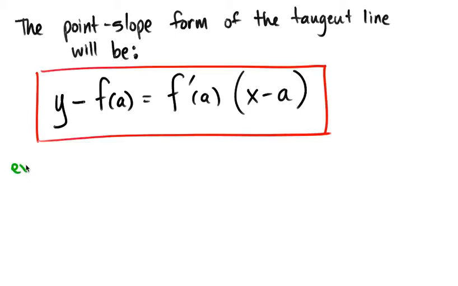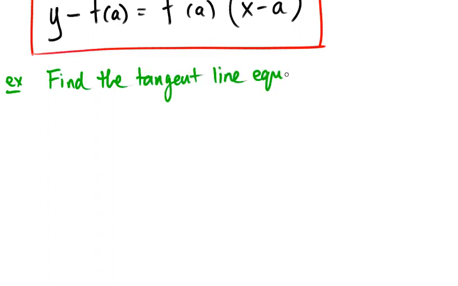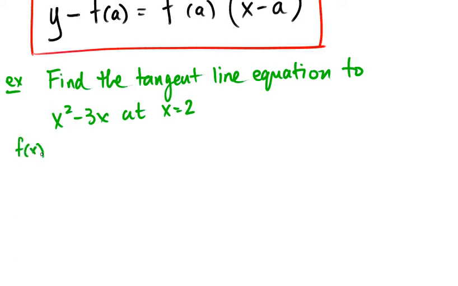So let's try an example of putting some of this together. Find the tangent line equation to x squared minus 3x at x equal to 2. So the first thing that we want to do is we'll know that f of x is equal to x squared minus 3x.